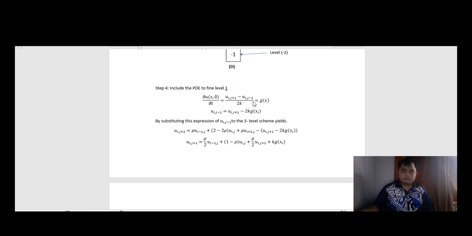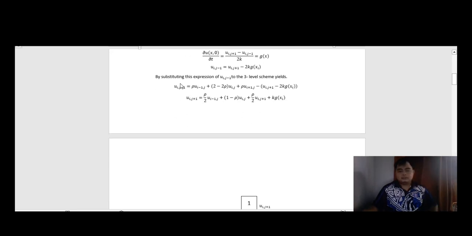For this level 1 there is a difference on the 2k and g x. Okay, and then after we finish defining the PDE just now, by subtraction of this equation of U i to the 3 levels.